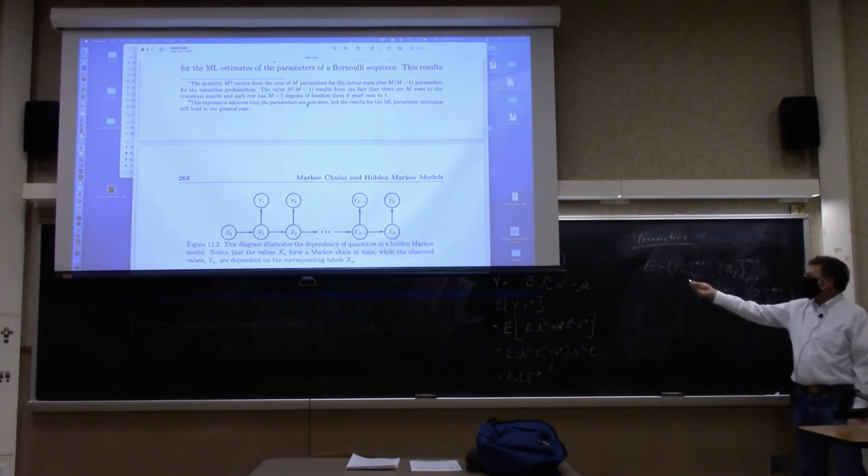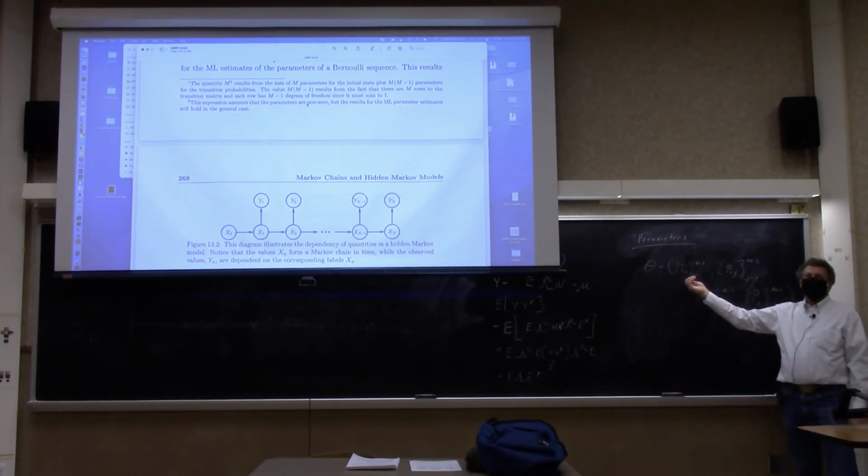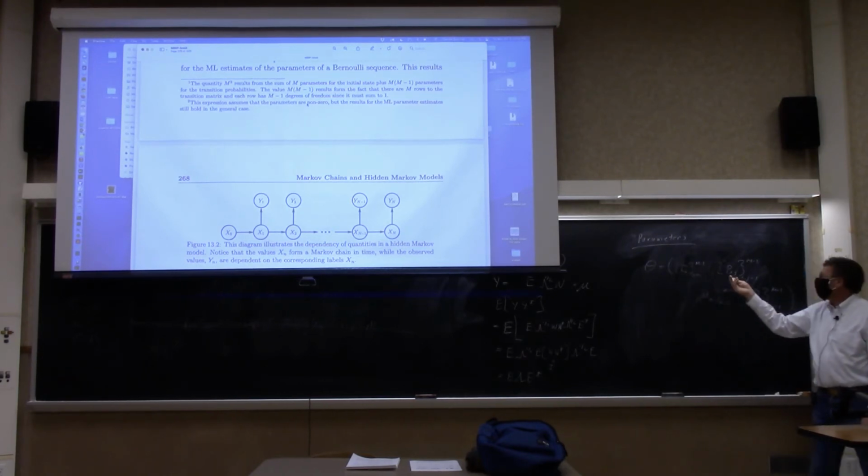So what is this parameter? This is the probability of the initial state. What's this? This is the state transition probabilities, right? What's this?